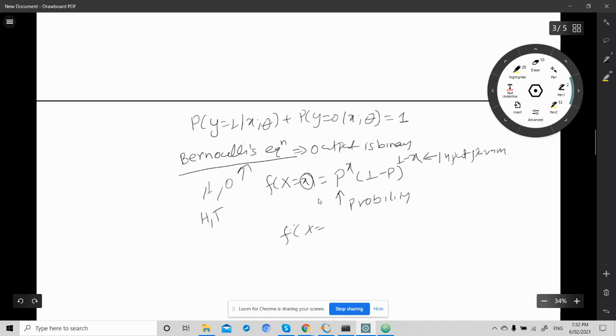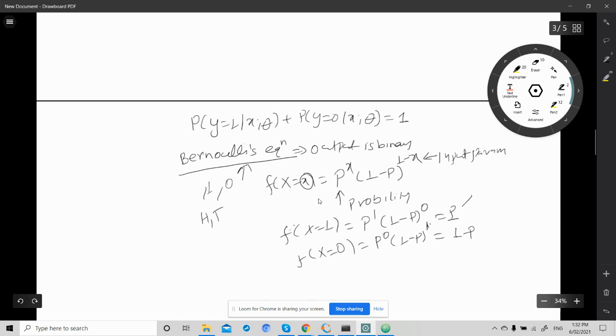So x equals head, which is 1. My equation will be p to the power 1 times 1 minus p to the power 0. If it is equal to tail, then we will get p to the power 0 times 1 minus p to the power 1 minus 0, that equals 1 minus p.